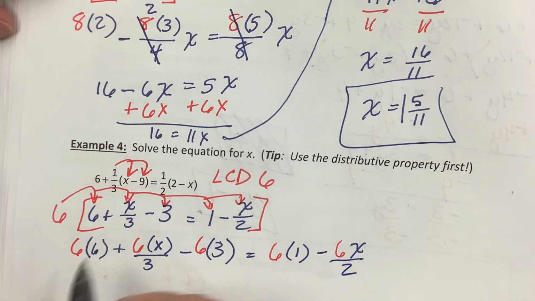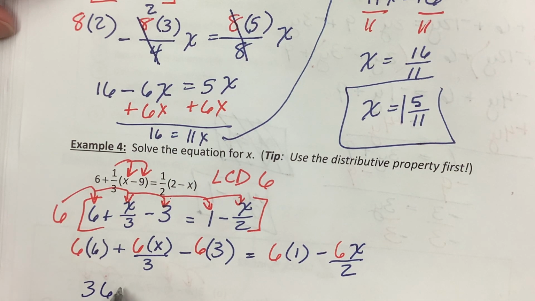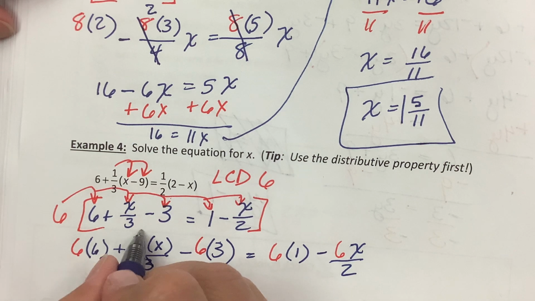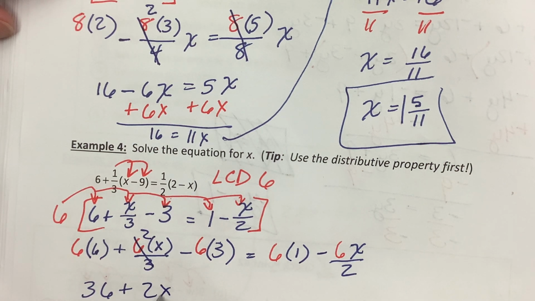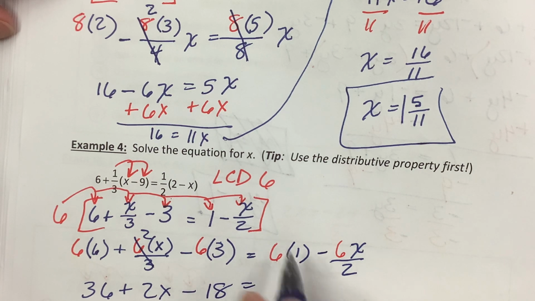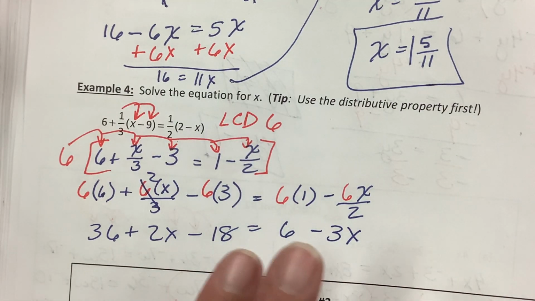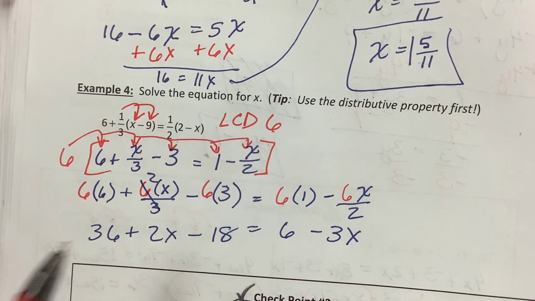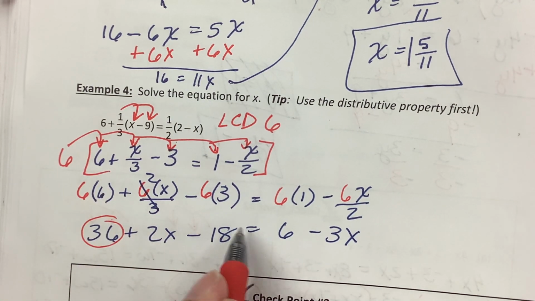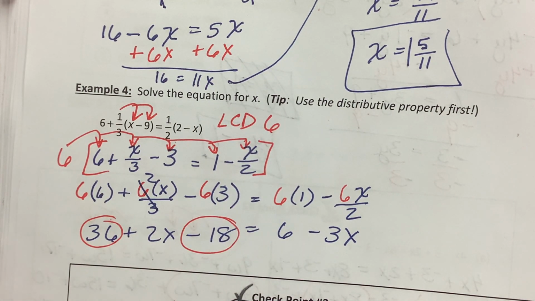Okay, 6 times 6 is 36, plus 6 divided by 3 is 2x, minus 6 times 3 is 18, equals 6 times 1 is 6, 6 divided by 2 is 3x. Okay, well, at least the fractions are gone. 36 minus 18 is 18.